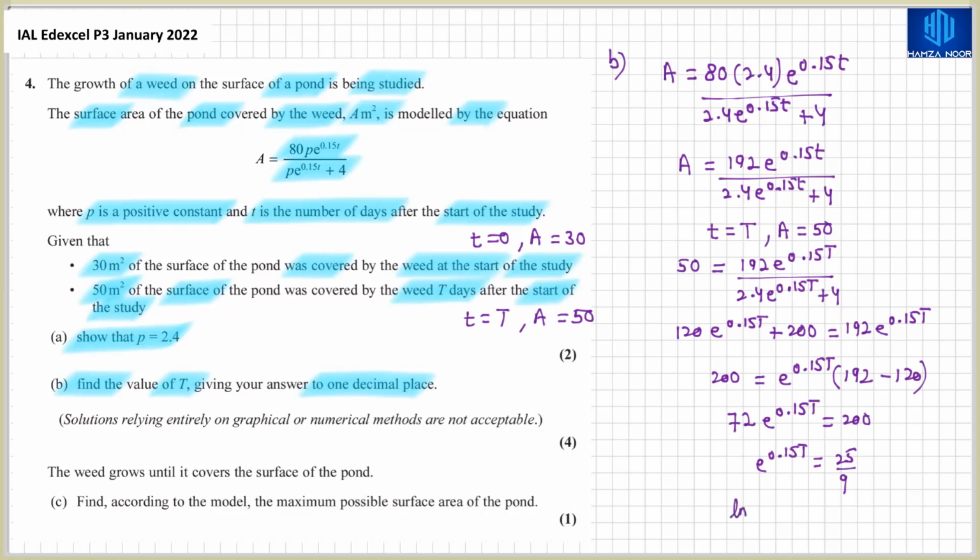So taking ln on both sides, ln e raised to the power 0.15 times capital T is equal to ln 25 over 9. The argument of the log will be 25 over 9.